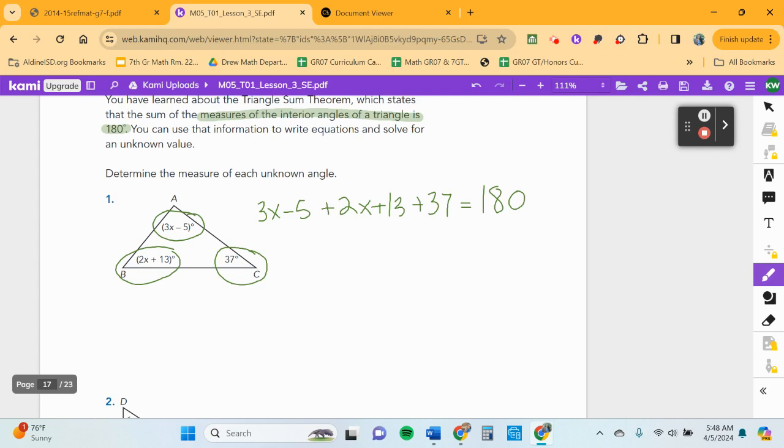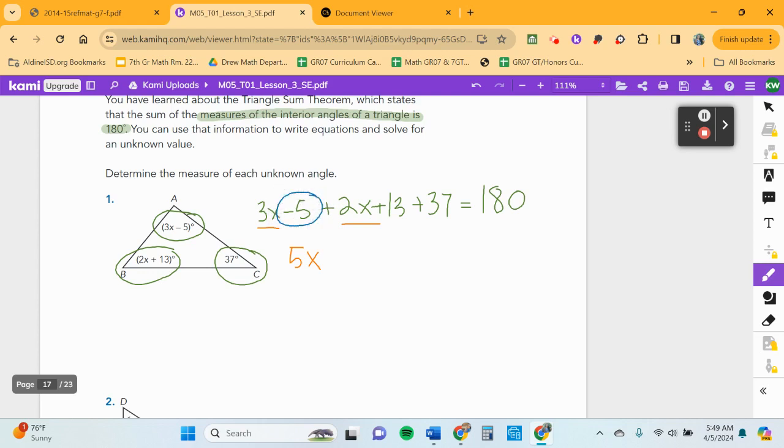So let's go ahead and combine like terms. I've got a 3x here. I've got 2x here. I know that gives me 5x. And normally you want to take this step by step, but I can color code this so I can keep my work organized, and I want to show you quicker how you would solve this to get your answer. So I also need to combine my regular numbers.